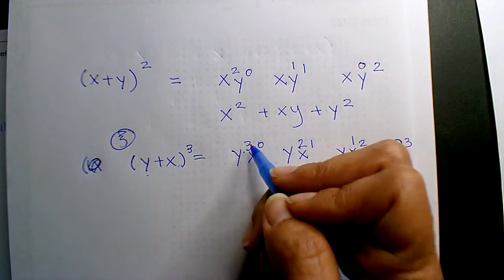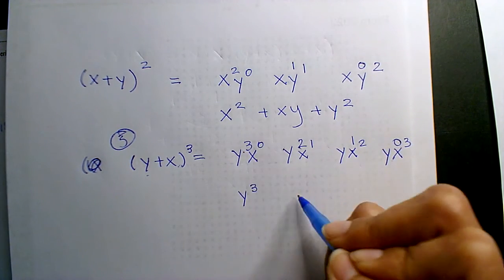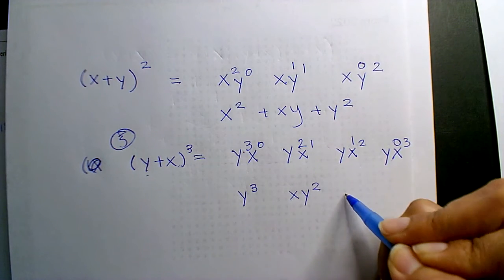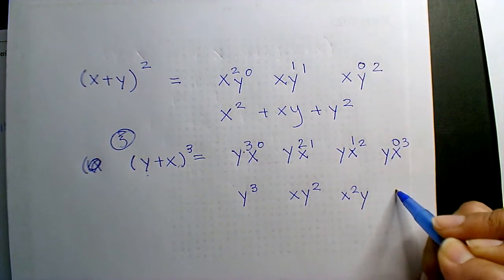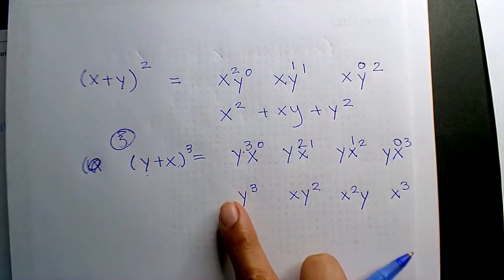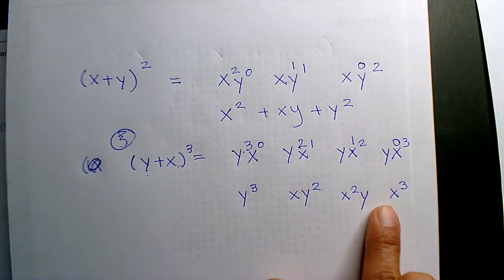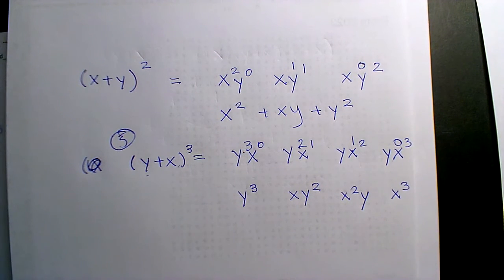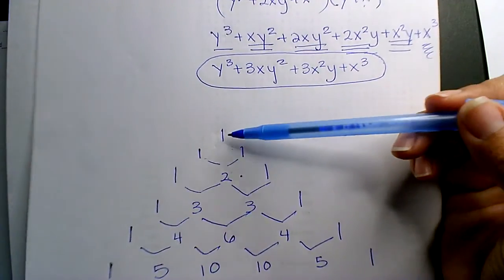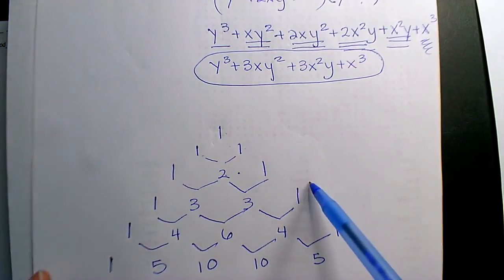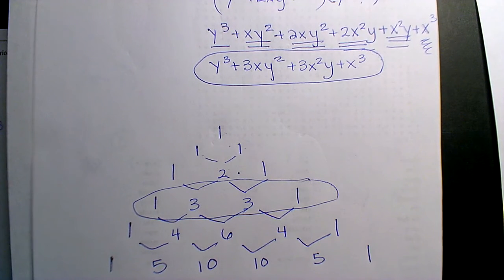Okay, so what do I get here? I get y third, xy squared, x squared y, x cubed. Okay, but now what about your coefficients? Well, if you're in the third row, remember this is row 0, 1, 2, 3. You'll know because it has the 3's in it.